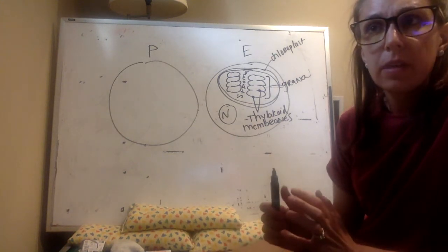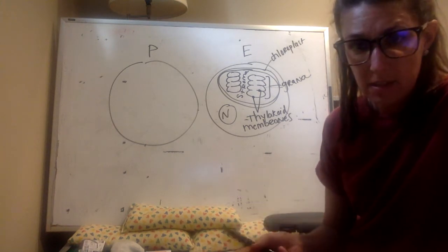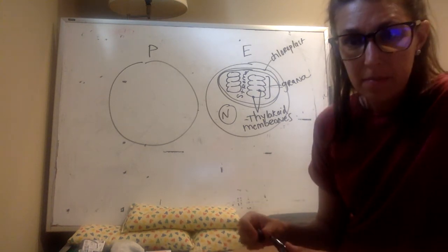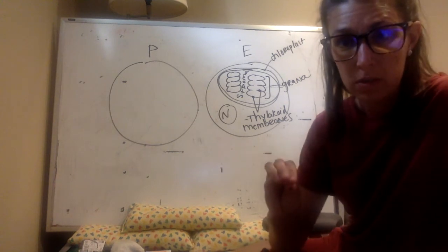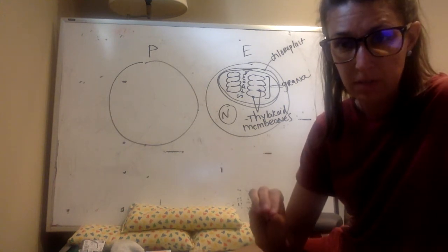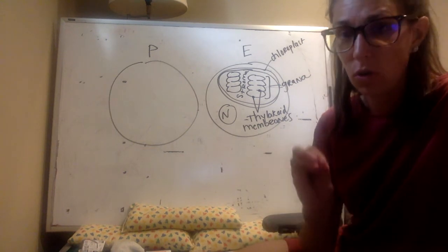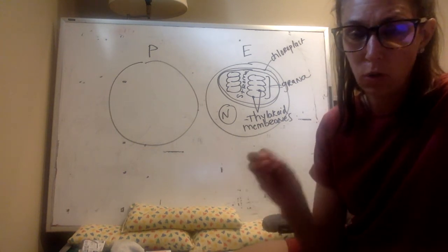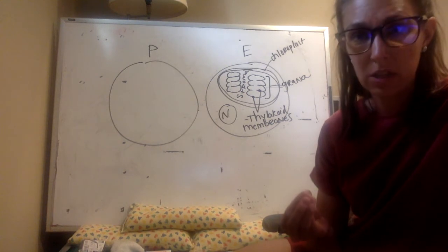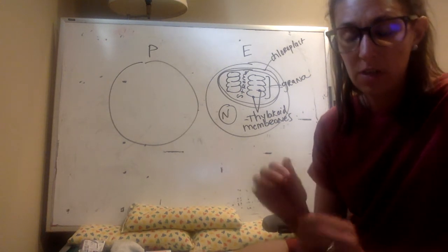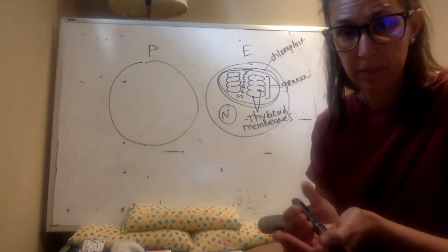Okay, so we talked about the chloroplast. There are these pigment molecules called chlorophyll. And chlorophyll are able to capture light energy. So chlorophyll are different than chloroplast. Chlorophyll are the pigment molecules that can capture light energy. The chloroplast is the organelle.